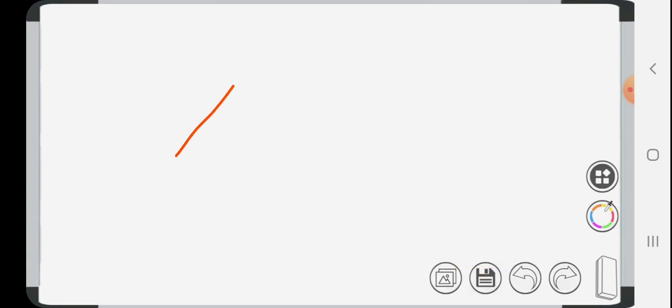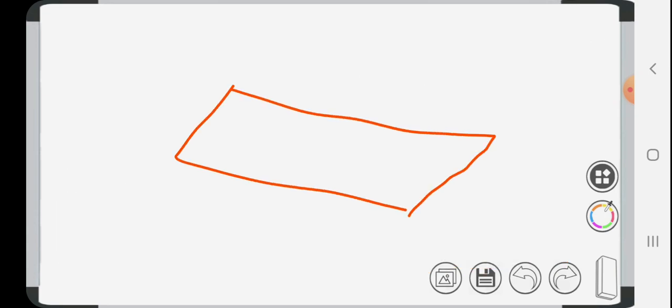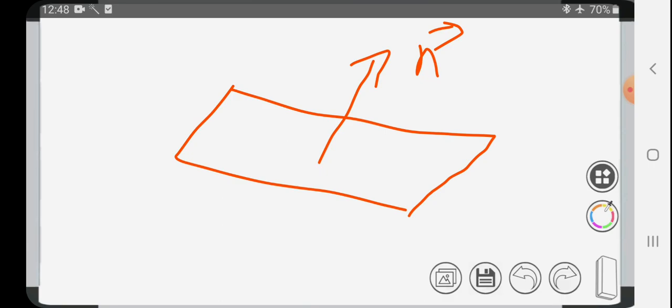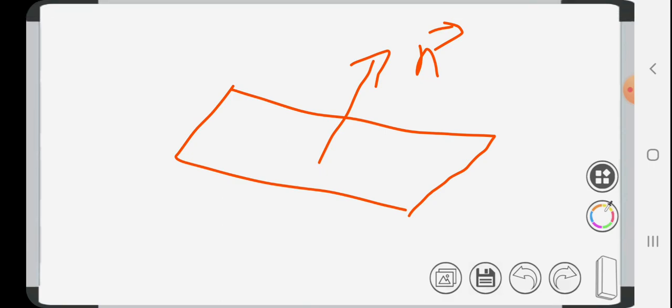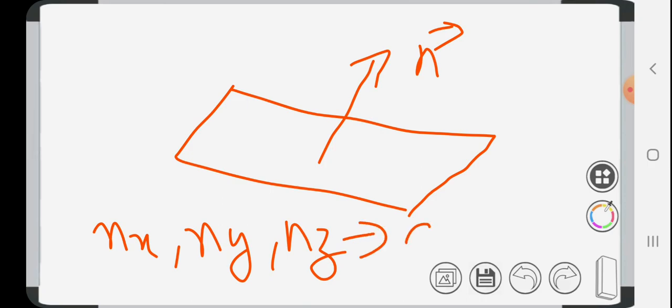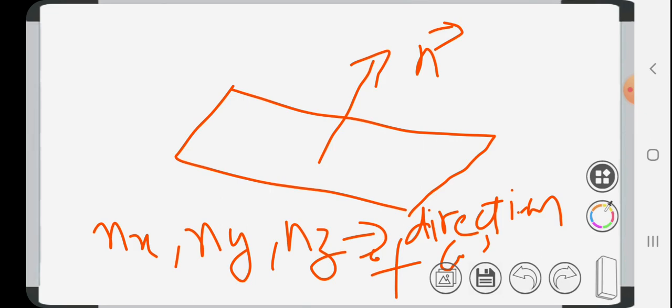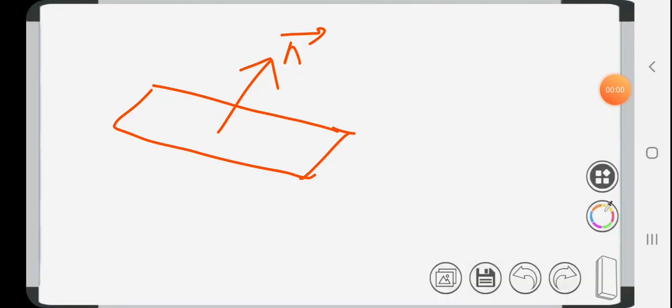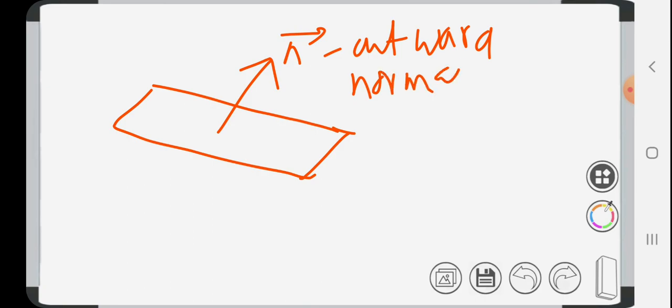So I will show you what actually. Suppose I am having a plane. This is my plane, and this is the outward normal, n vector. This n vector will have three components called nx, ny, nz. These components are direction cosines. This is our plane and this is our outward normal to that particular plane.